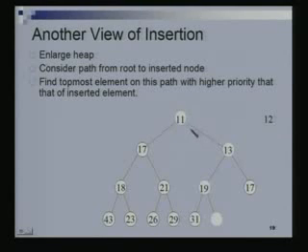This is the topmost element, but it has priority lesser than 12. This is the next highest element, but this has priority more than 12. So this is the topmost element on the path with higher priority than that of the inserted element.